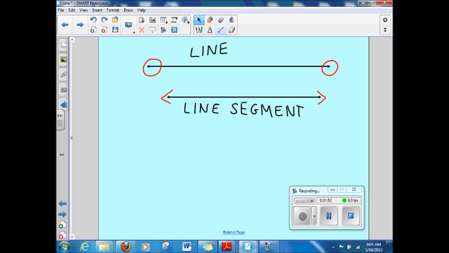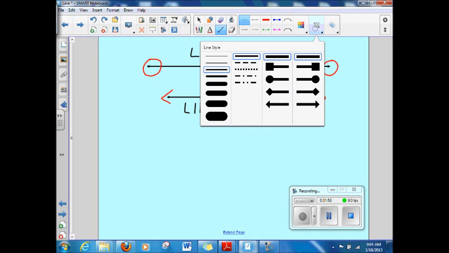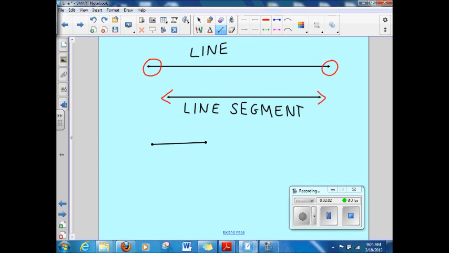A line segment, I'll go back to my line tool, and I'm going to change this just a little bit here. Let's see, a line segment is a part of a line that has end points. Well, notice that I've got these dots, or these end points. We could just take a part of this line right here, and this is a segment of the line.